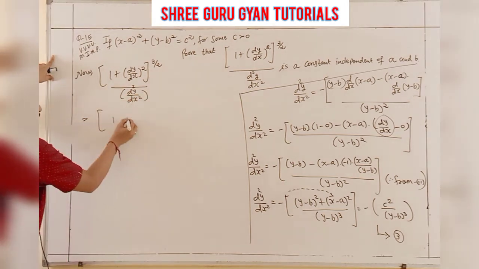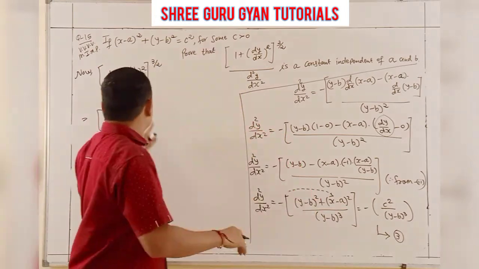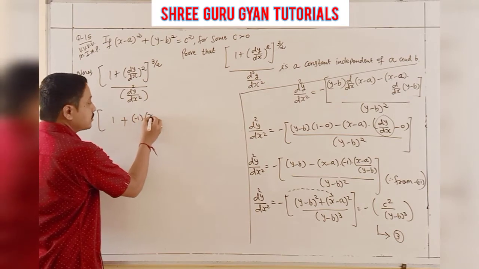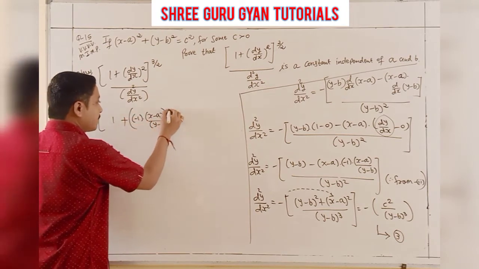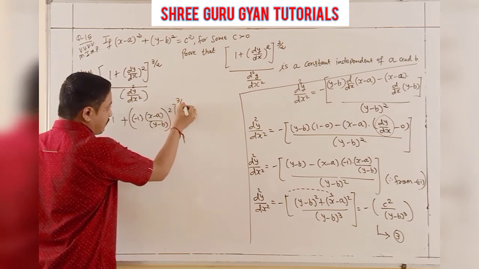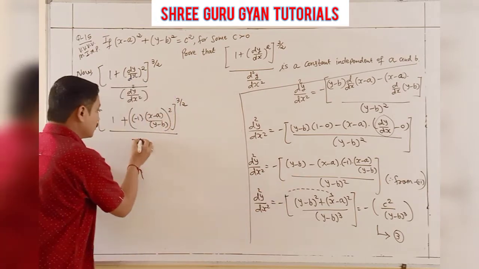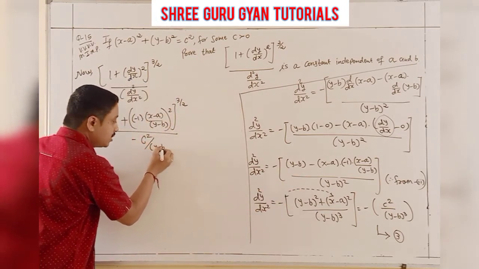And these values I apply respectively, one by one. So these are known: 1 plus (x minus a) by (y minus b), the square raised to 3 by 2, and upon the second order, that is c square by (y minus b) cube.